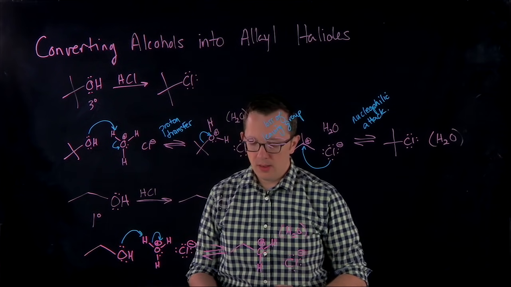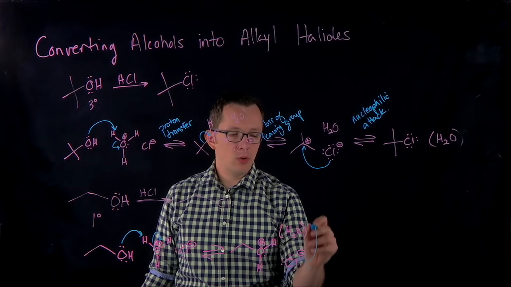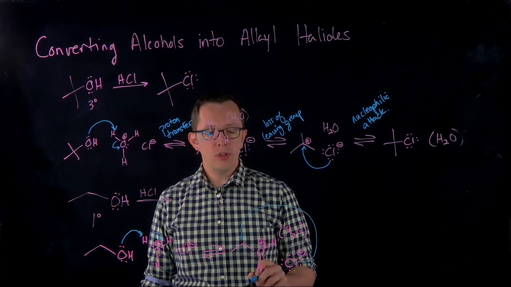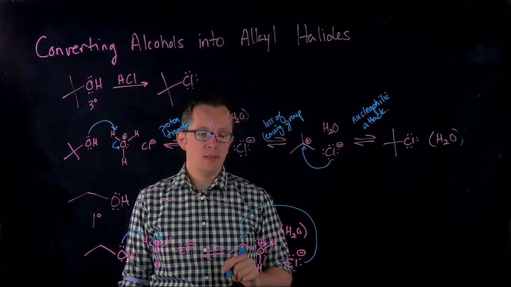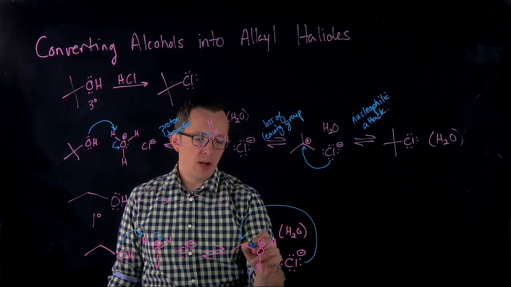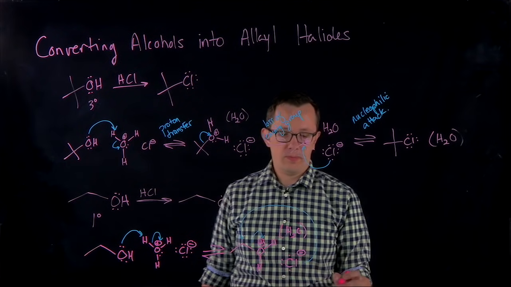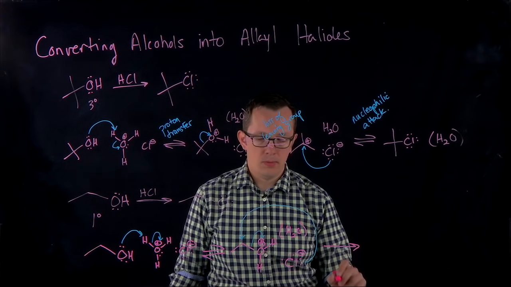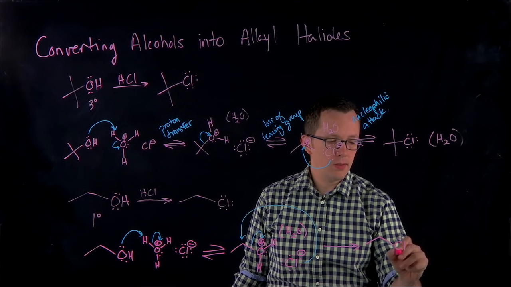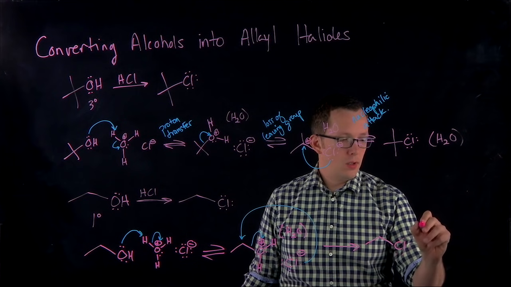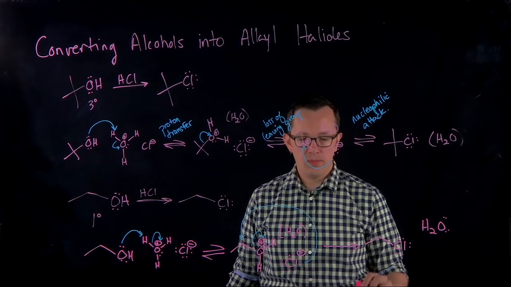Okay? The next step, because it's an SN2 reaction, we're going to have chloride do nucleophilic attack on the backside of this carbon leaving group bond. And then we're going to break the carbon-oxygen bond so that we generate neutral water as a leaving group. So here, we generate a new carbon-chlorine bond and another equivalent of water as our leaving group.